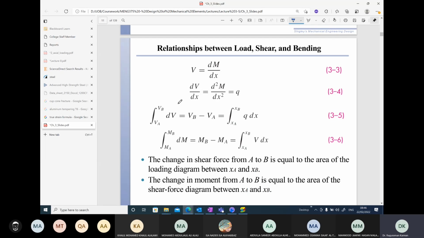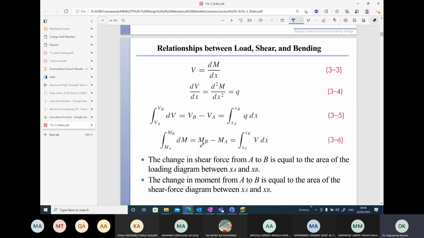We can also express it in integral forms, and these integral forms can also be used to draw your shear force and bending moment diagrams. If you know the distributed load, then you can get the difference between any two points A and B. The difference in the shear force values is given by the integral of q dx between those points.